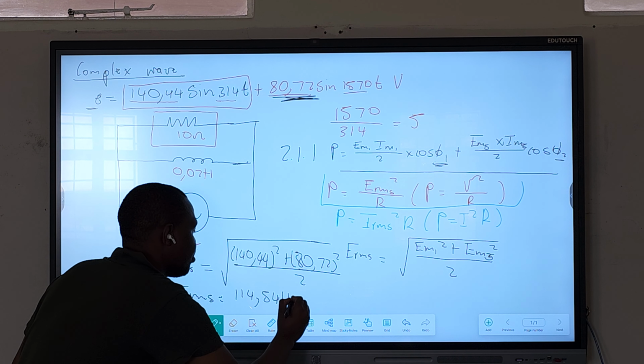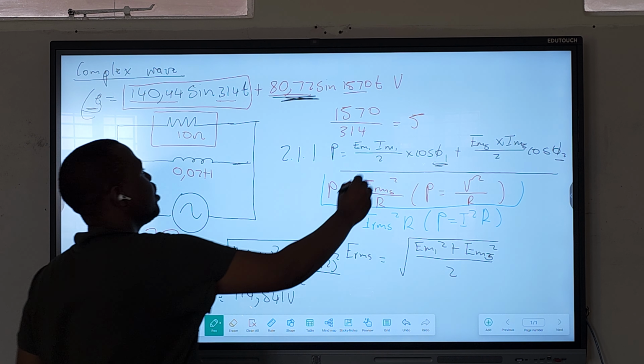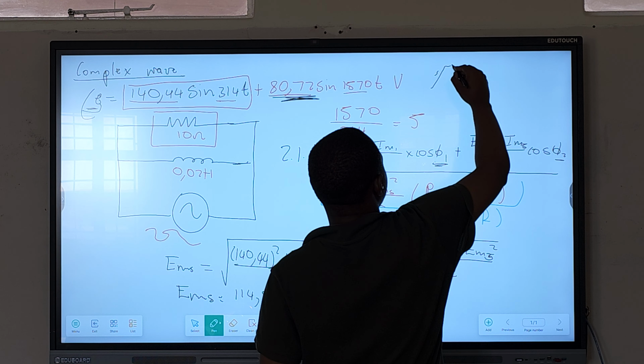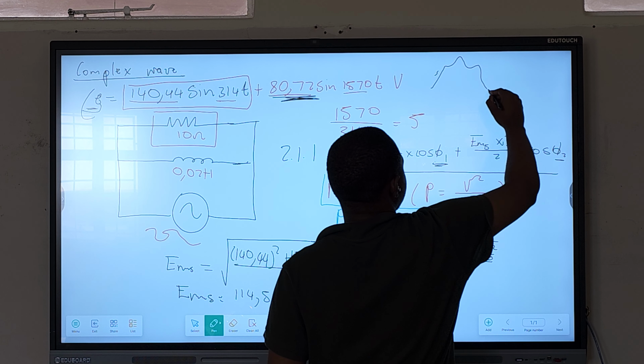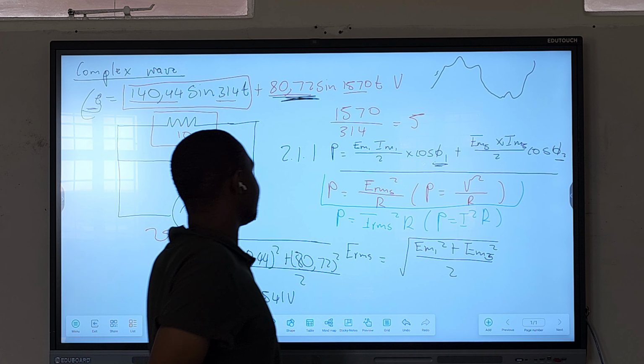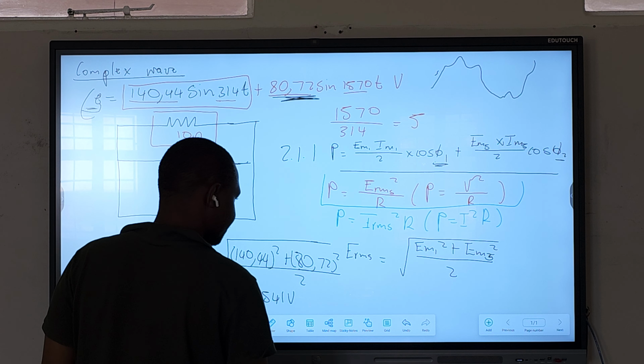So this is the RMS value of this complex wave, of this non-pure sine wave. Now we can calculate the power that is absorbed.